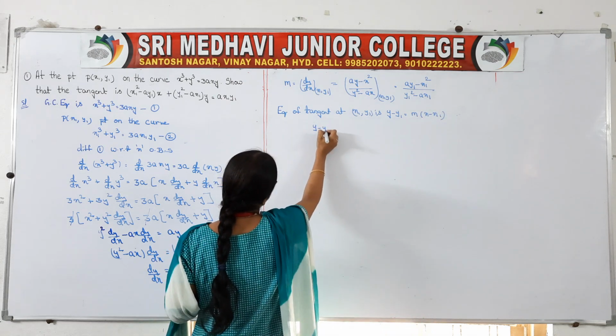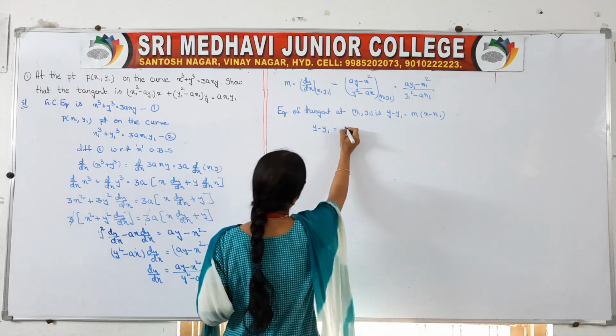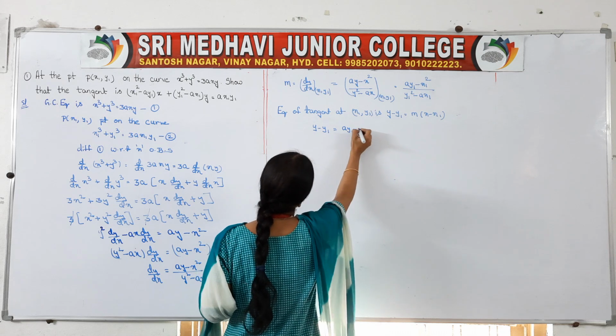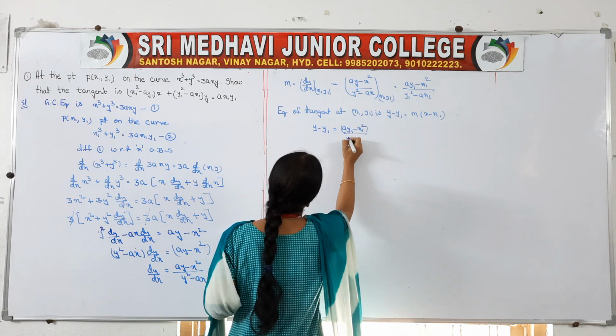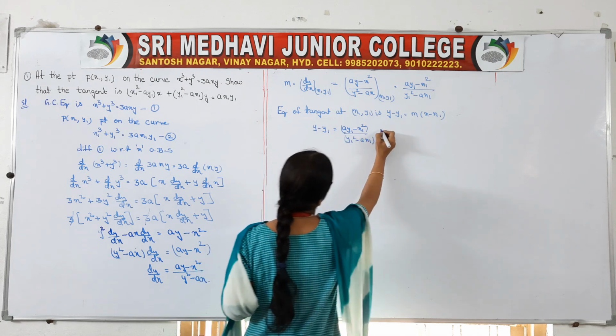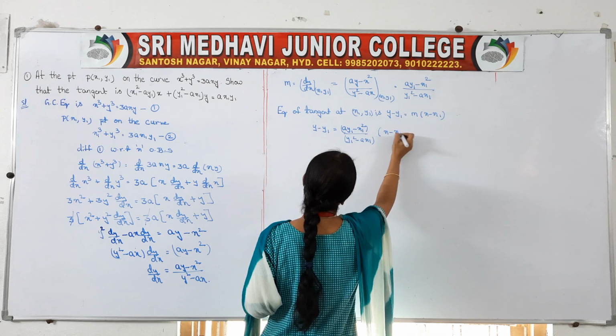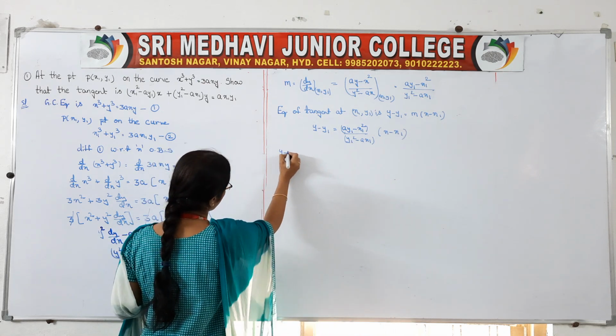So y minus y1 is equal to m. What is our m value? ay1 minus x1 square by y1 square minus ax1, into x minus x1. So it is y minus y1.